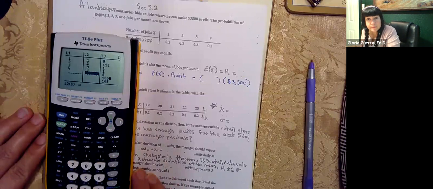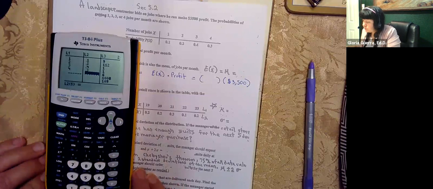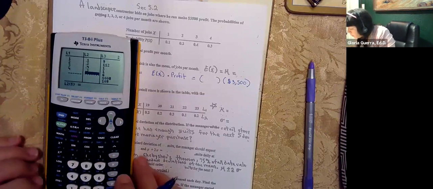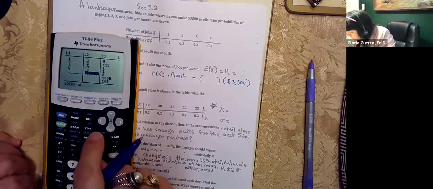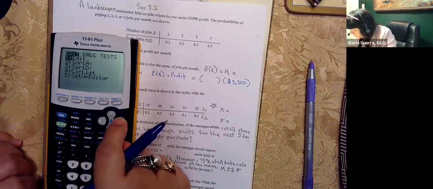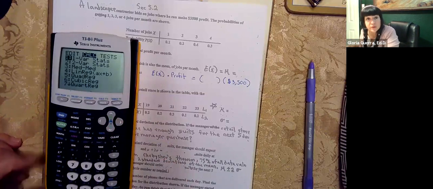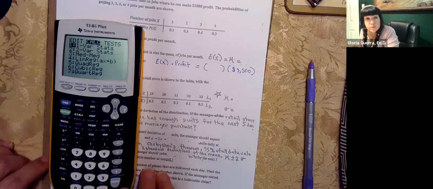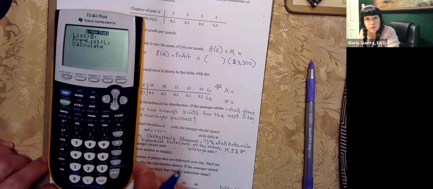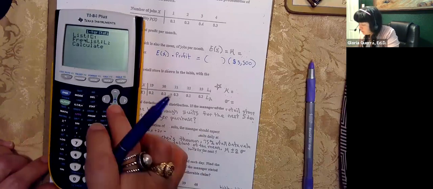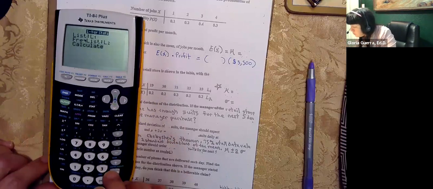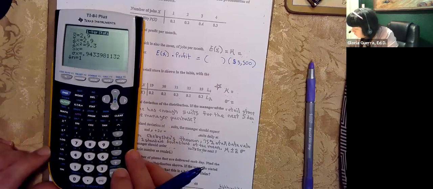Then go to Stat, calculate, one variable stat, so hit enter. L1 and L2 is fine. Hit enter, and we get 2.9.